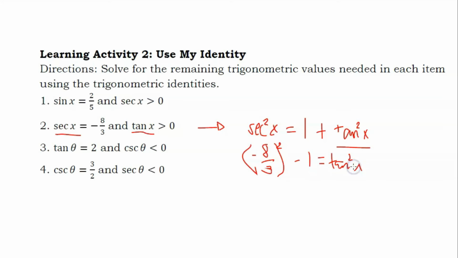Okay, 8/3 squared becomes 64/9, and I will make 1 a similar fraction with 64/9. So this will become 9/9, since 9/9 is still equal to 1. Okay, 64 minus 9 is equal to 55.